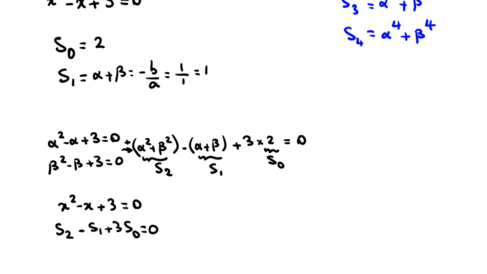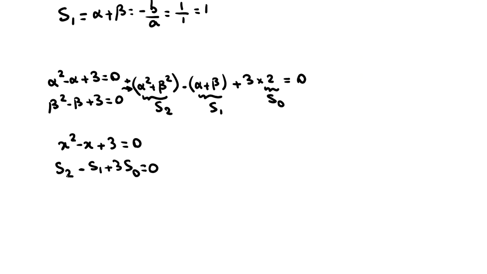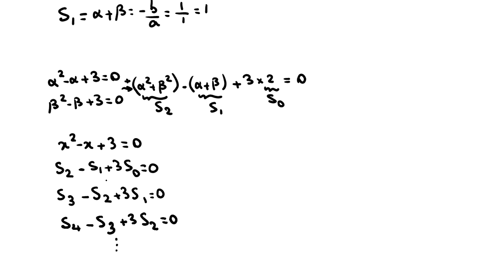I want to prove that you can increase the indices by 1: S3 minus S2 plus 3S1 equals 0, and then S4 minus S3 plus 3S2 equals 0, and so on. I want to prove this. Similarly, for example, I proved S2, and now I want to prove S3.